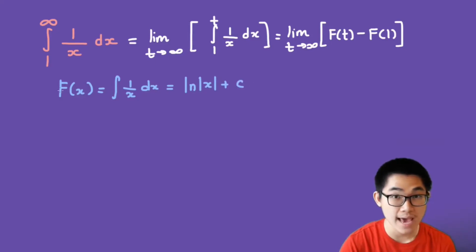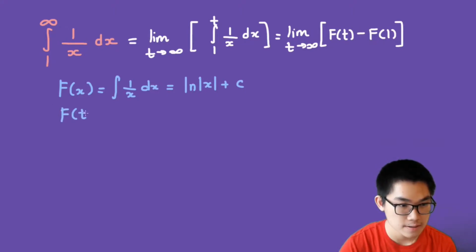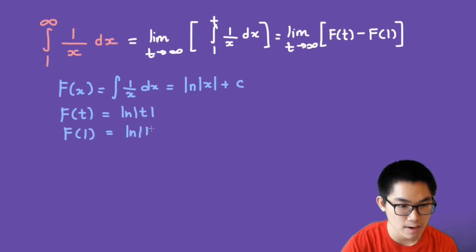So we found f of x. What is f of t and what is f of 1? Well, f of t will just be ln of t, and then f of 1 will be equal to ln of 1. And what is the ln of 1? That is going to be equal to 0.